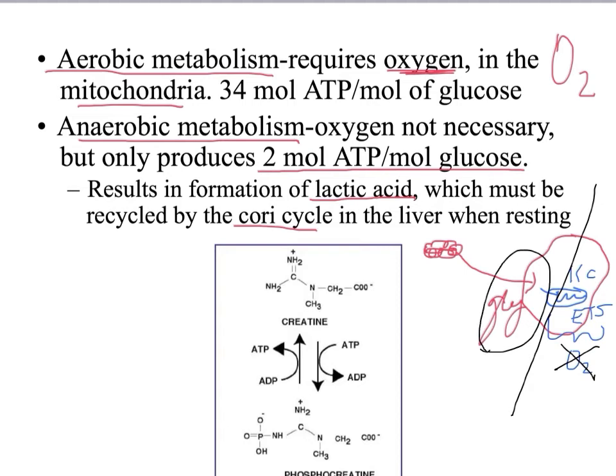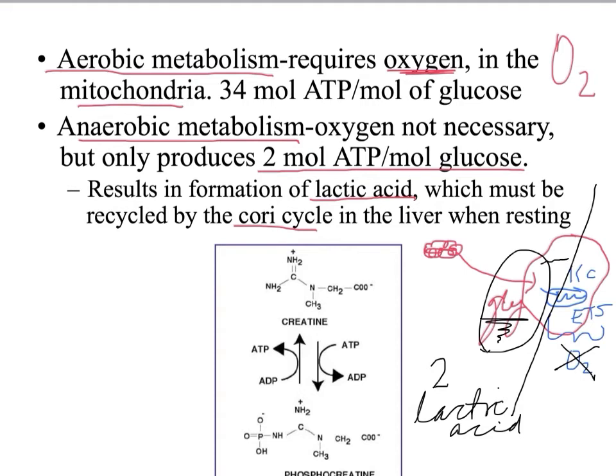So while you might have a little bit going over here, the bulk of your glucose metabolism is not in glycolysis, and you're not very efficient. You're only getting 2 molecules of ATP for every molecule of glucose, and you're accumulating that lactic acid. So this is not going to be very sustainable for a long period of time.